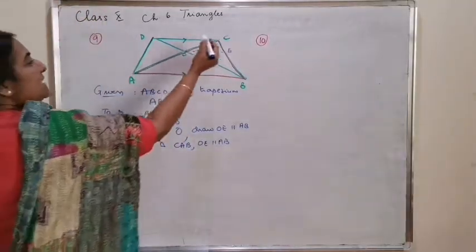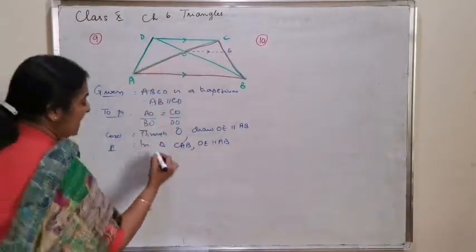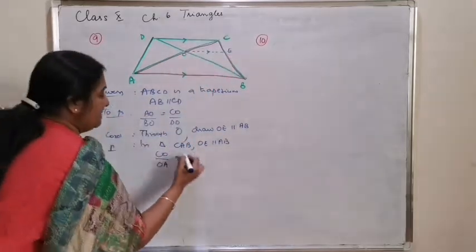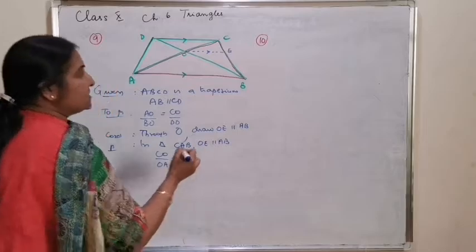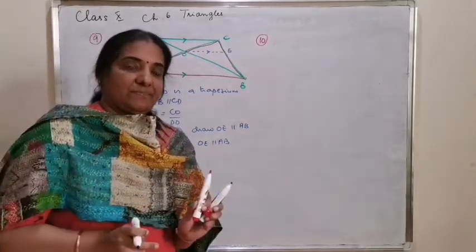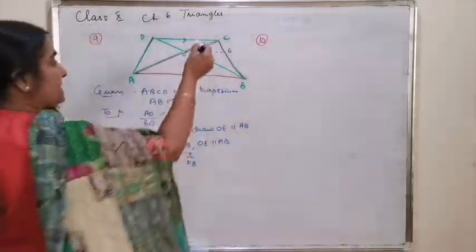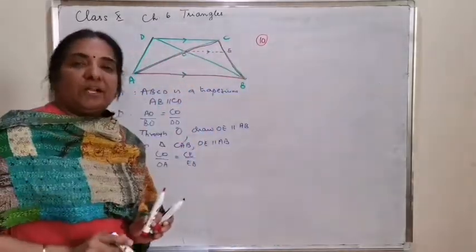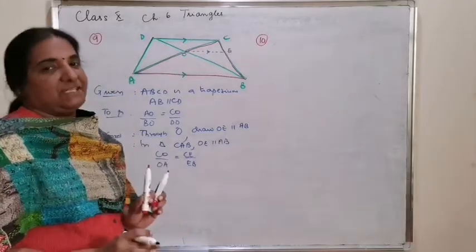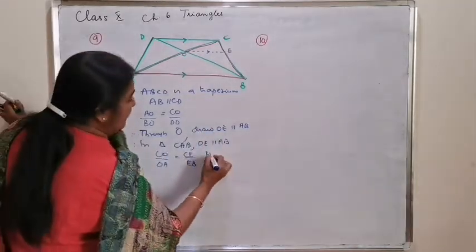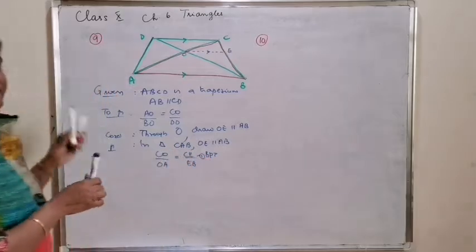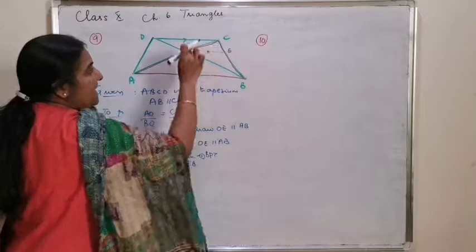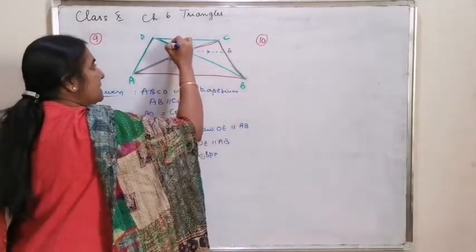The theorem states that CO by OA is equal to CE by EB. It is better always to take the ratio from a vertex. If you take the ratio from the vertex as CO by OA, CE by EB, the order will not be changed. The order should not be changed as in BPT and equation number 1. Now, the other side parallel is CD and OE are parallel. Take the triangle.